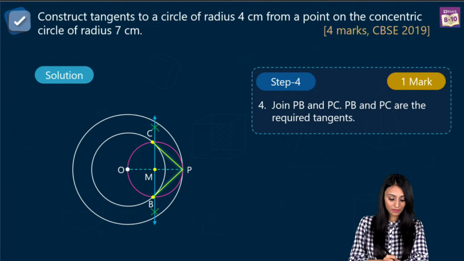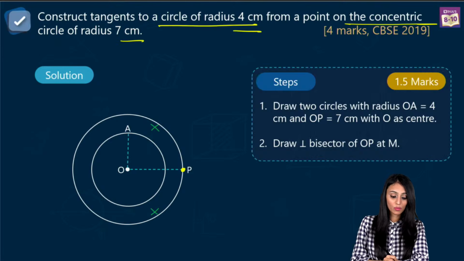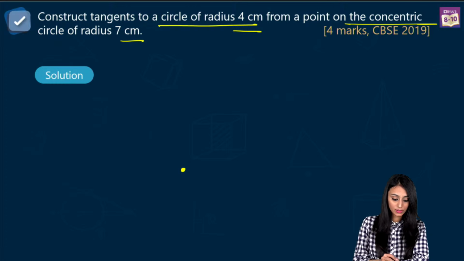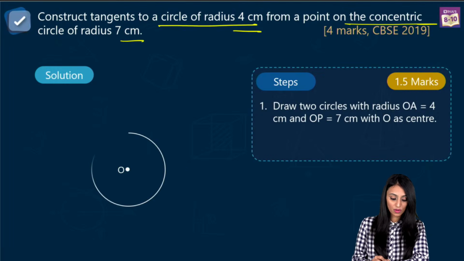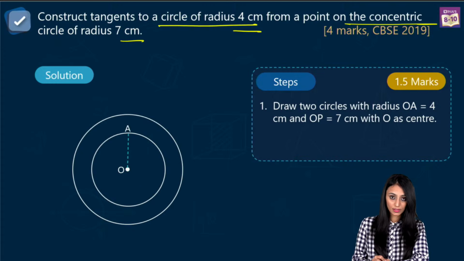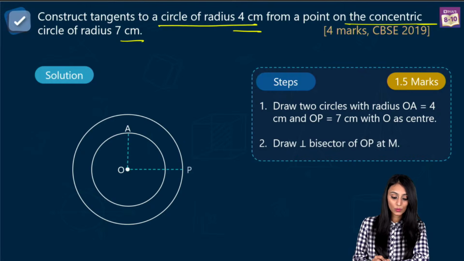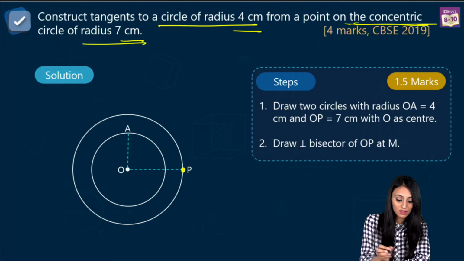One more time, you have a circle here, the smaller one. We are talking about concentric circles. That means they have a common center. The smaller one with a radius OA, that is 4 centimeter. Another one with radius OP of 7 centimeter. Now from this point P, question says there is a point P on the concentric circle with radius 7.